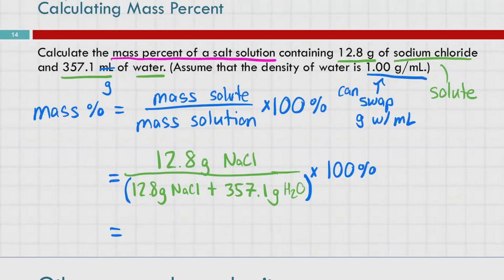Okay, so our mass percent, this is 3.46% sodium chloride. If you got, let's see what it would be, 35,711%, you forgot to use parentheses.